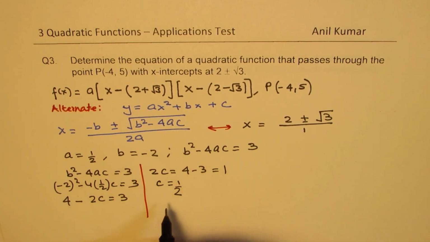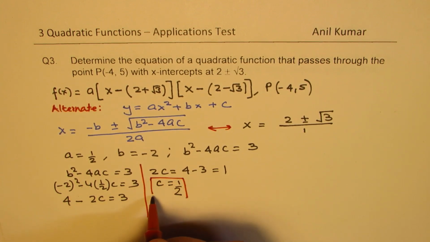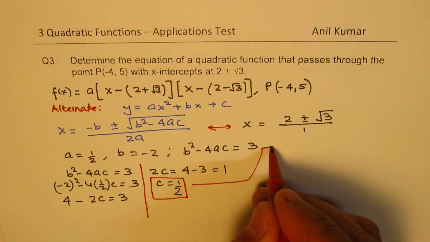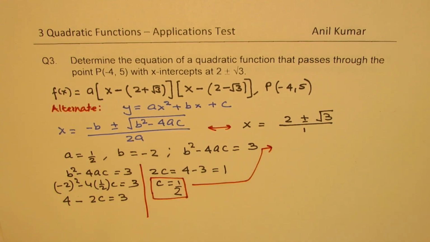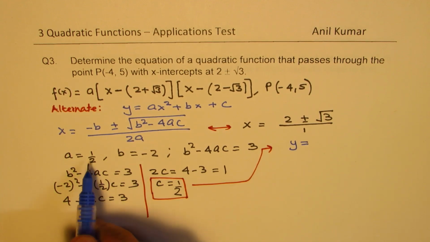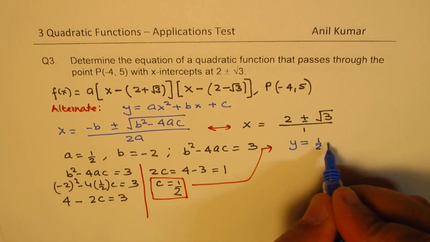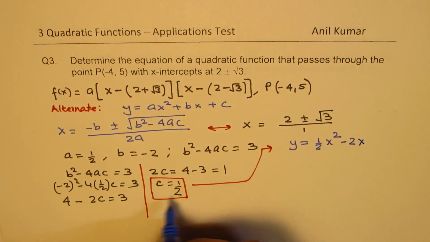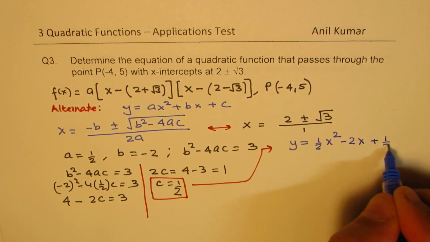Now, if I get c as half, we get one equation. Substituting this, our equation is y equals, a we are saying is half, x squared, b is minus 2, x, and c is plus half, right?